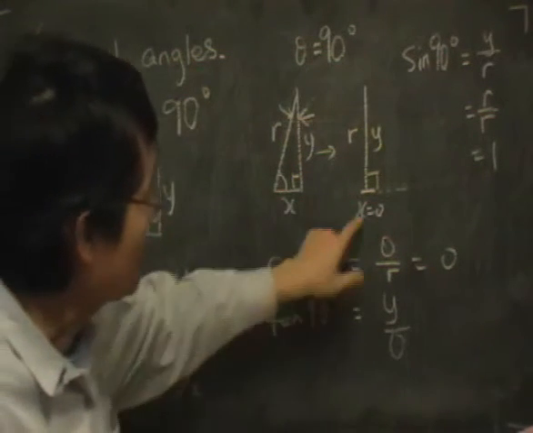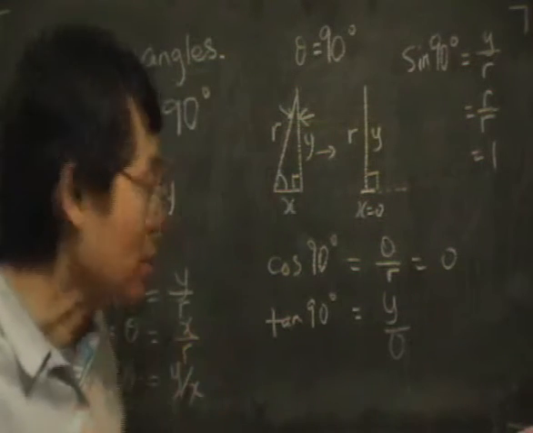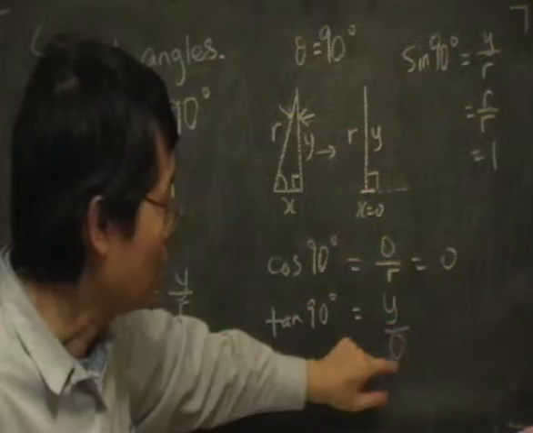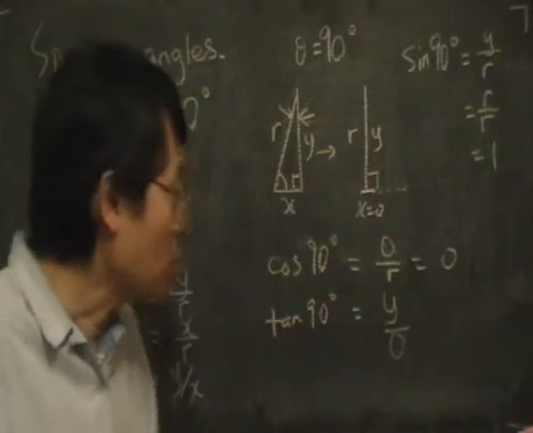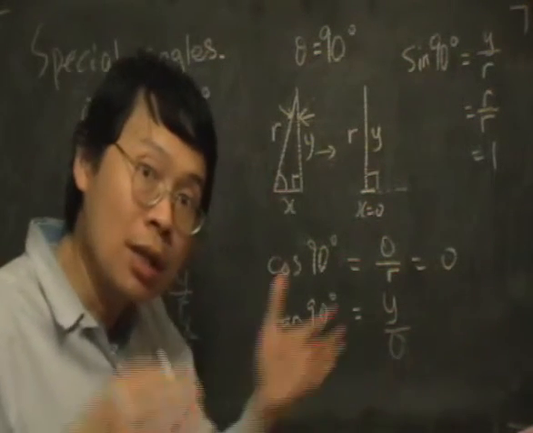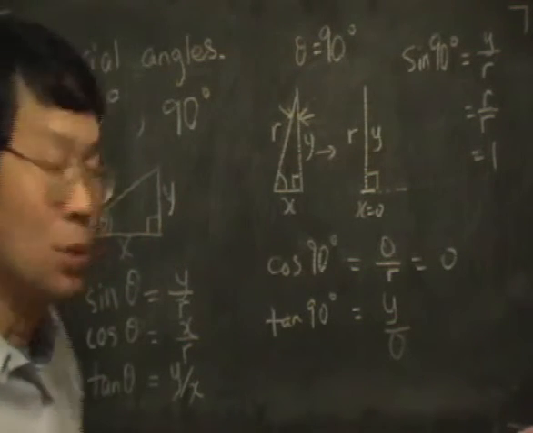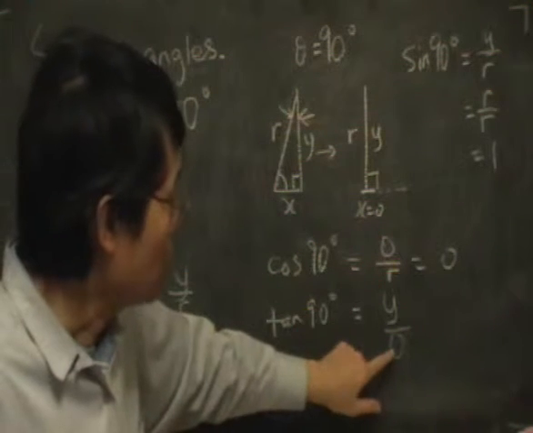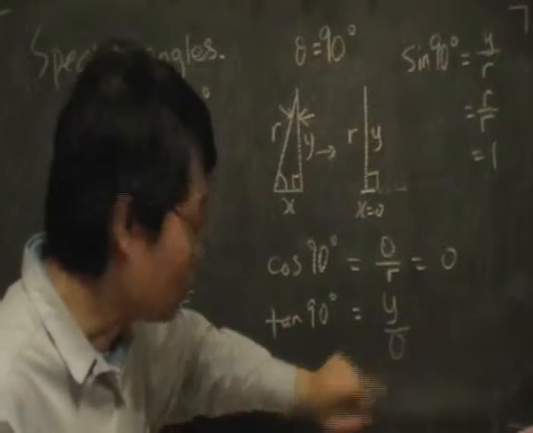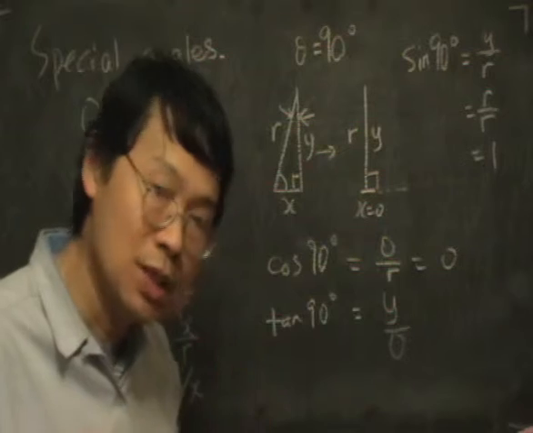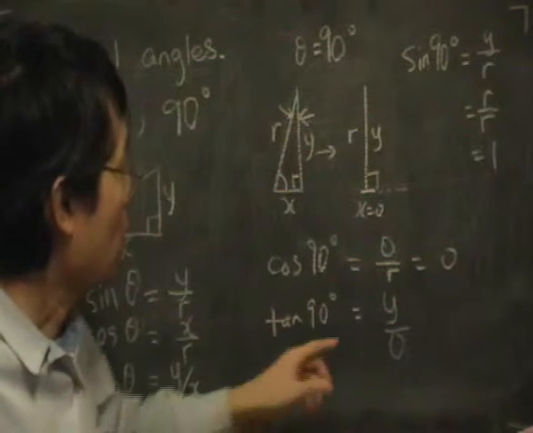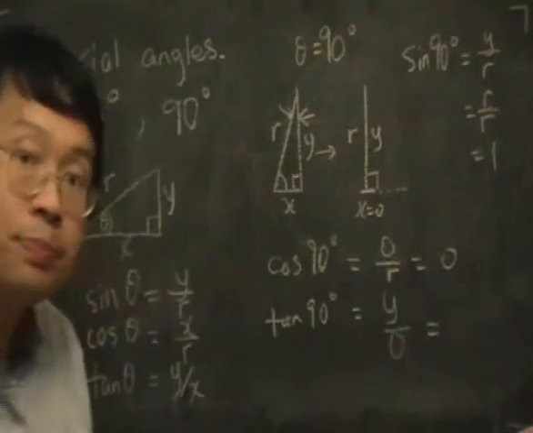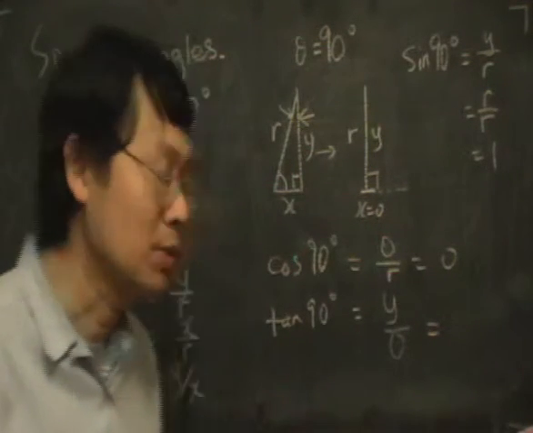Now in the end, that number goes to 0, but before it actually turns into 0, we can imagine that as y is divided by a number that gets smaller and smaller, the answer should get larger and larger. So we can say that when x, the bottom of this fraction, reaches 0, this answer approaches infinity.